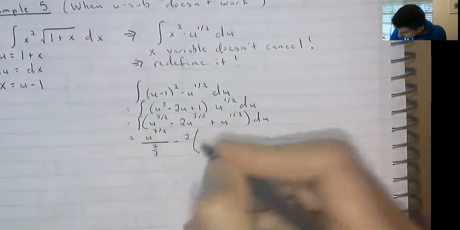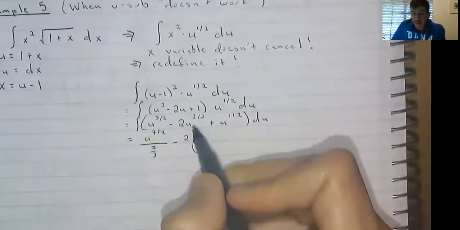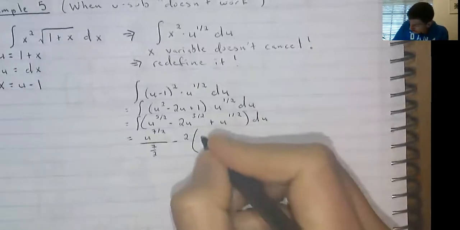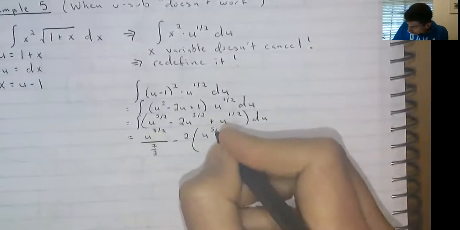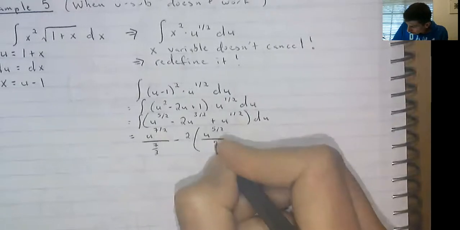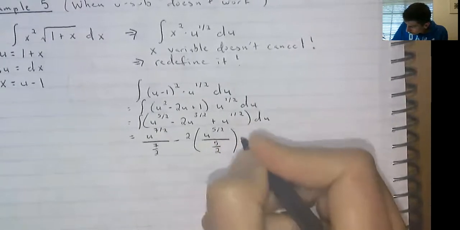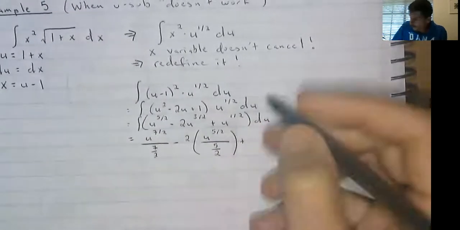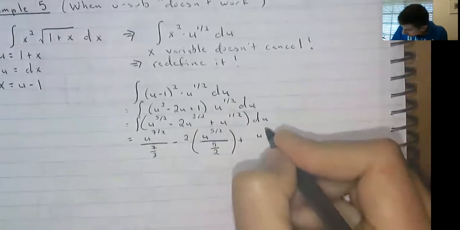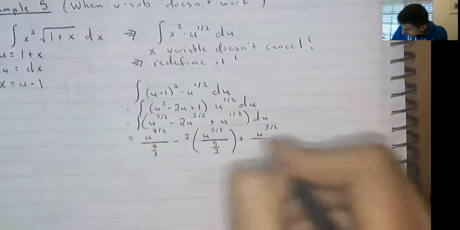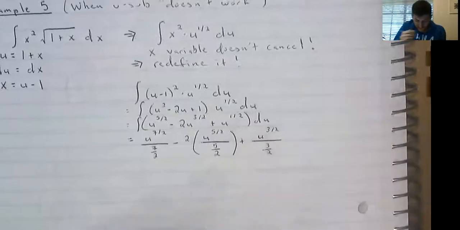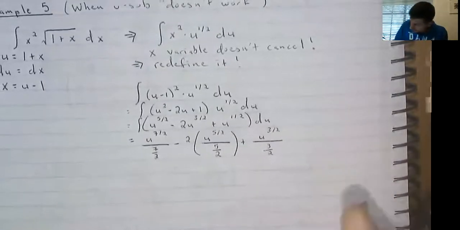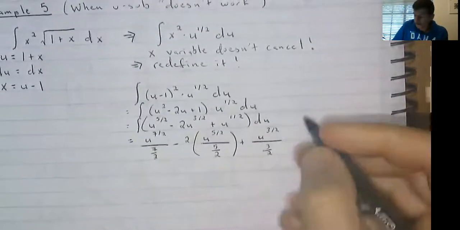The antiderivative of u to the 3/2 is u to the 5/2 over 5/2. And the antiderivative of u to the 1/2 is u to the 3/2 over 3/2. And then cleaning this up a little bit.